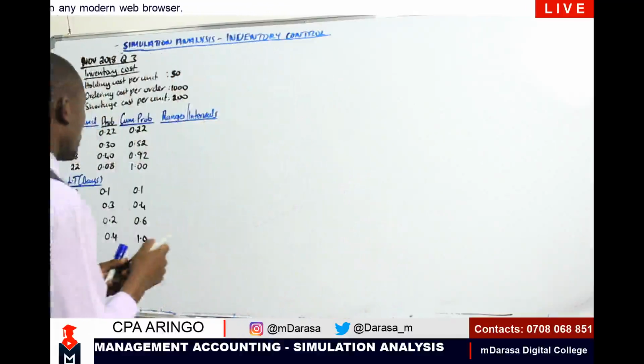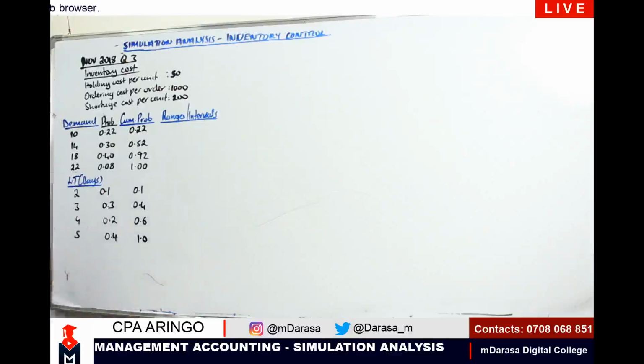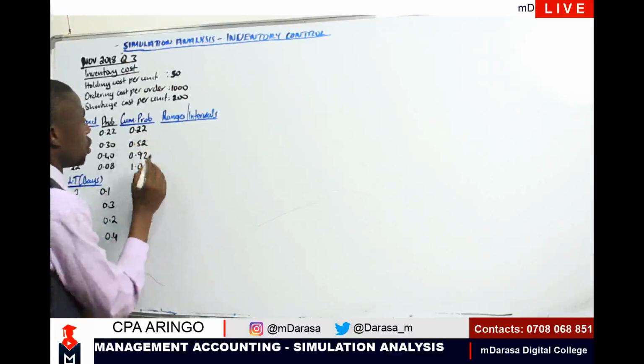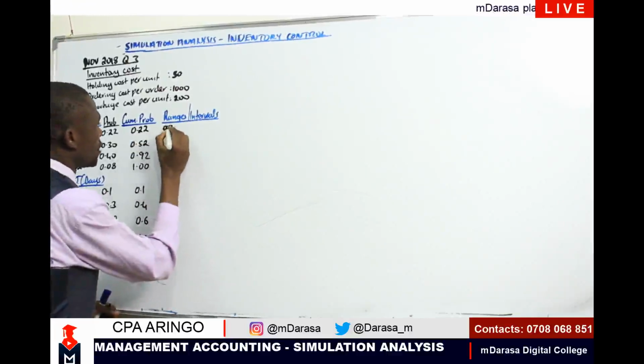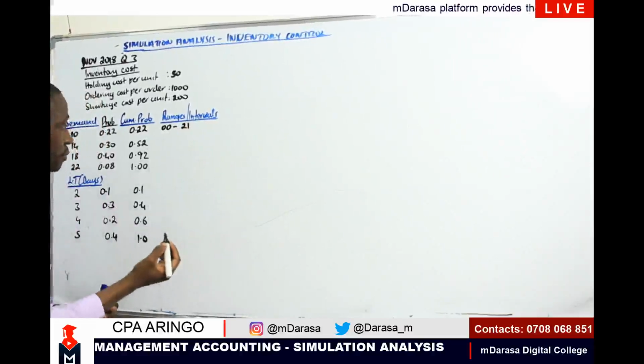So come to this case, and you start with the lower limit. I'm looking at 2 decimal places, so we start with 00 to 21.